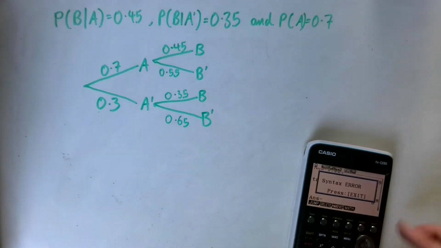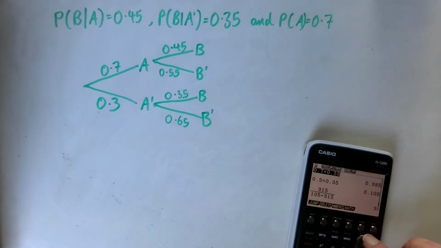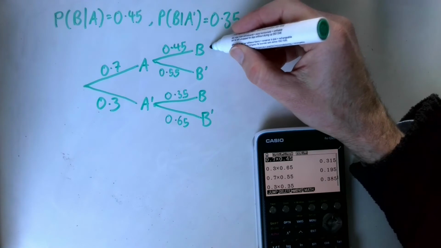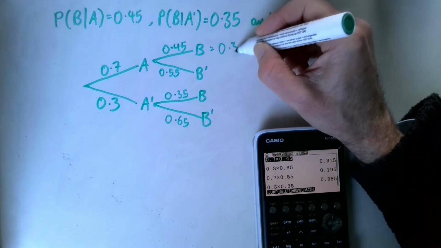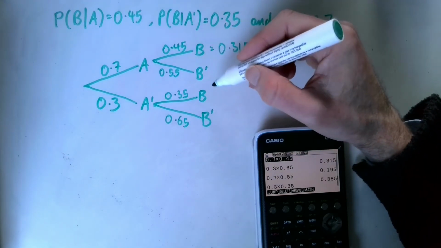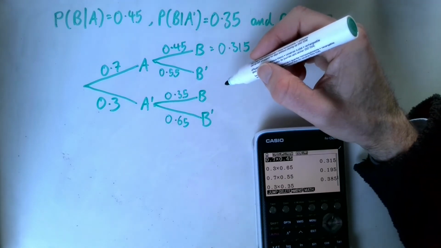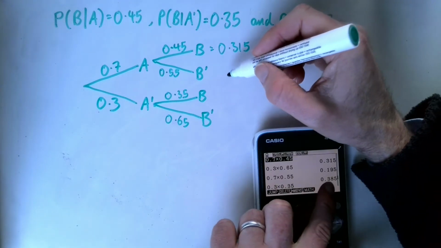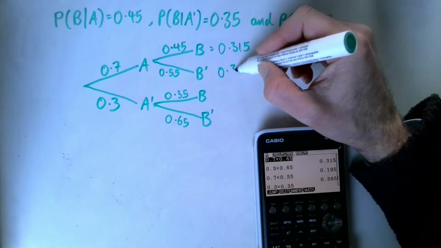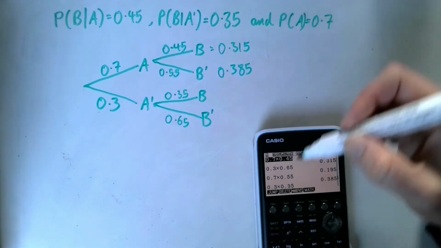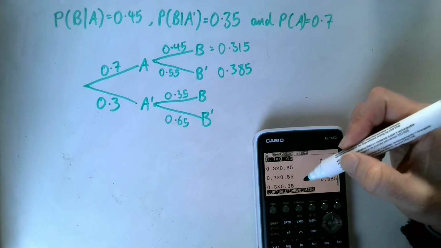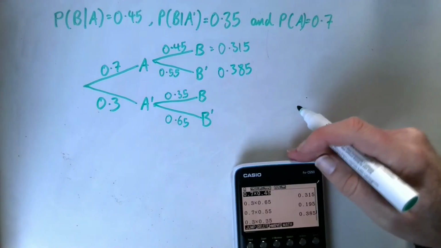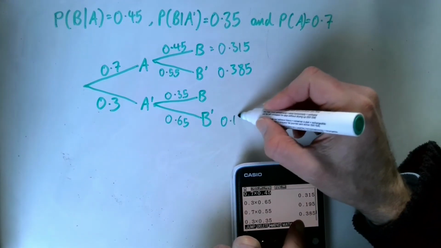Now the next thing I would do is get my calculator and work out all of these probabilities. So I'm going to be doing 0.7 times 0.45 for the first bit, 0.315, and 0.7 times 0.55 is 0.385. 0.3 times 0.65, that's the one down at the bottom, isn't it, is 0.195.